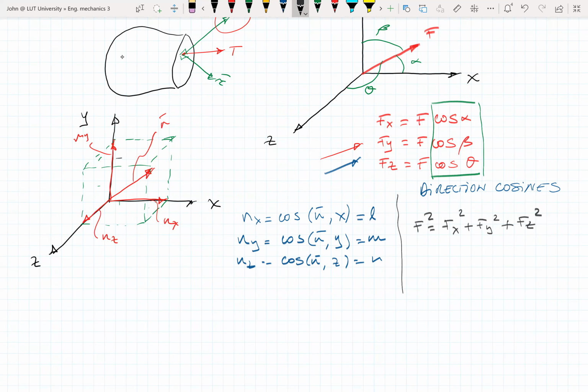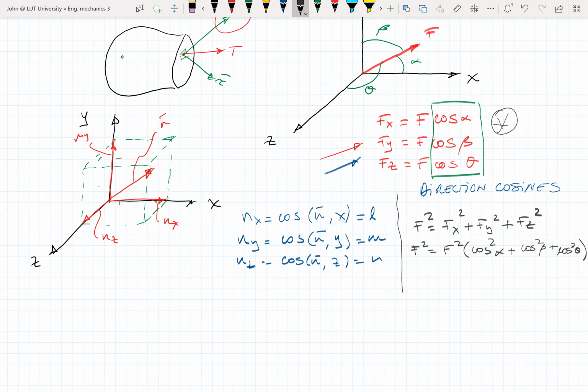Then I could simplify this more by taking a common factor f squared, put it in this way. F squared equals f squared times the parentheses cosine square alpha plus cosine square beta plus cosine square theta. I'm substituting here what I already did in this part here.